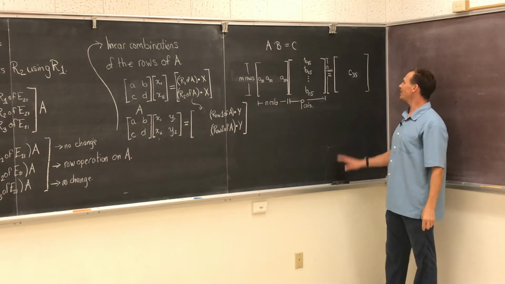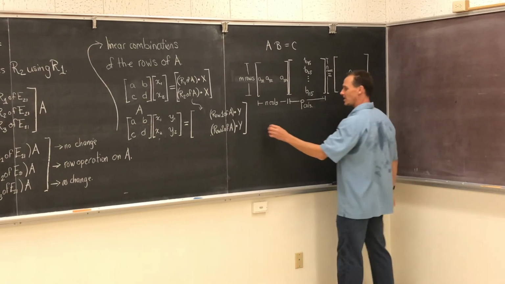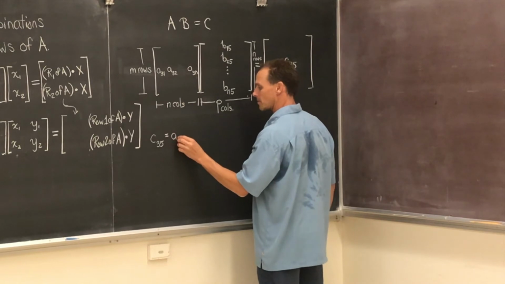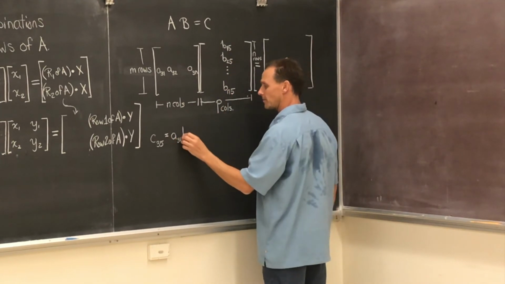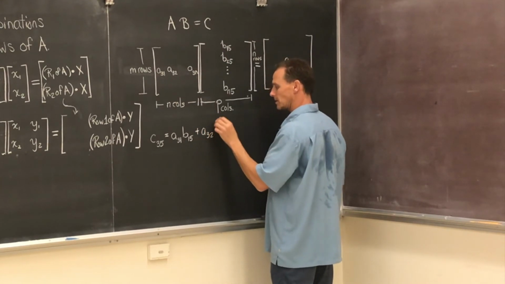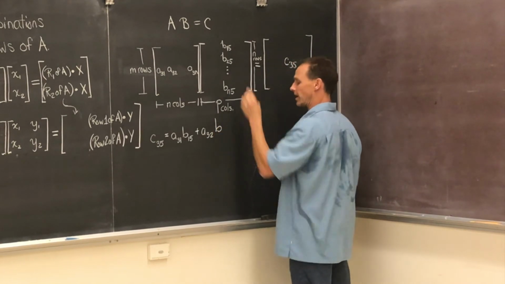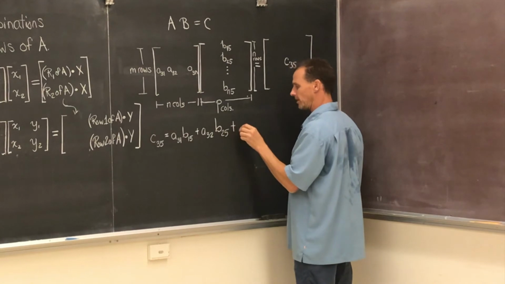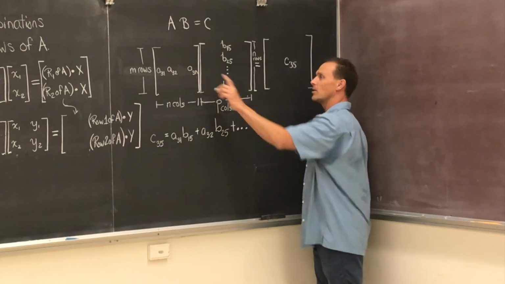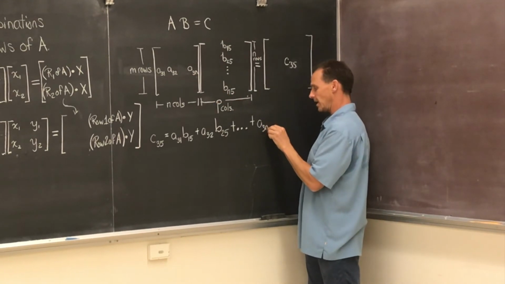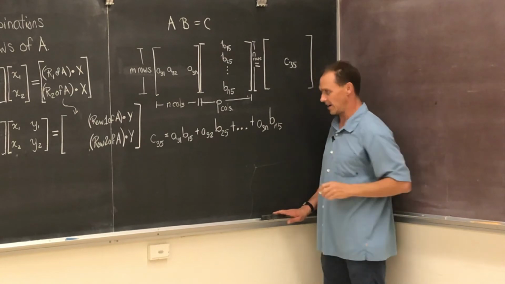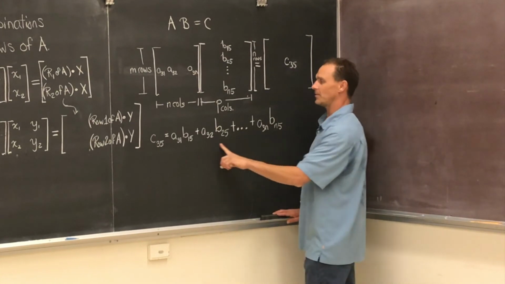Okay, so let's see, C 3,5. Well, it's A 3,1 times B 1,5, plus A 3,2 times B 2,5, plus, and then we would keep doing this until we come out to our last element, which is A, row 3, column n, times B, which is now row n, still column 5.